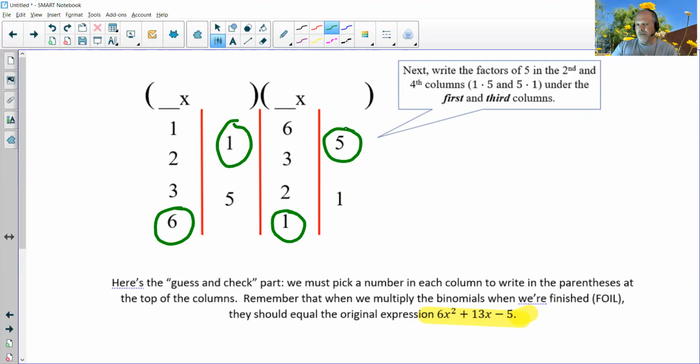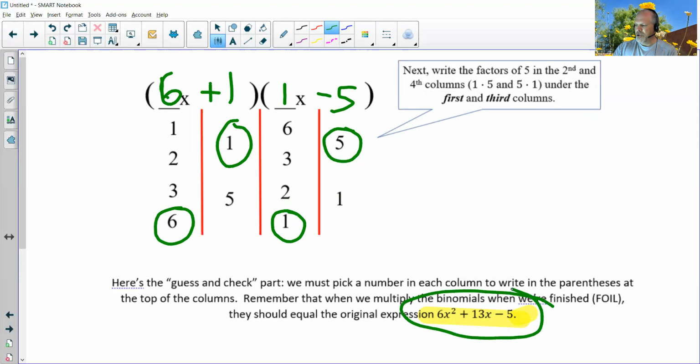And what we would do is take the numbers we picked and write them in the binomials. And then we would have to pick signs, pluses or minuses, and when we multiply that out using FOIL, it should equal our original trinomial. So that's the plan of attack here.